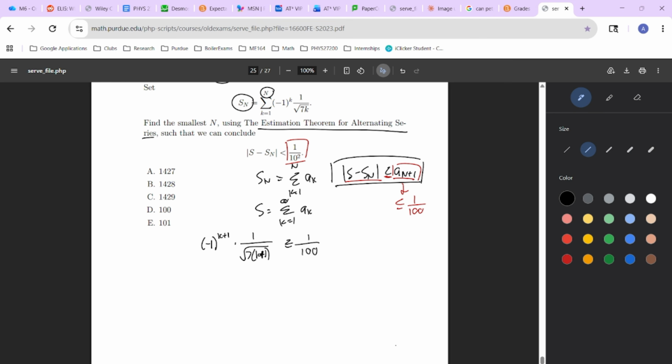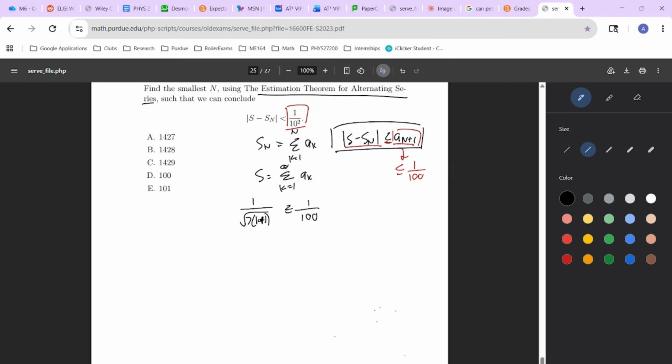The theorem tells us that we're only looking for the error, which is always positive, so we take the absolute value of this. That gets rid of our alternator. So we're left with 1 over the square root of 7(n plus 1) must be less than or equal to 1 over 100.